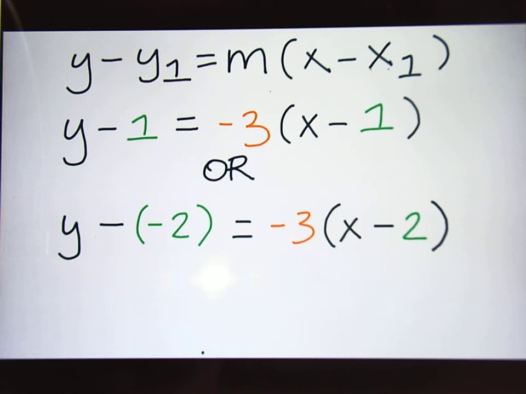The very first point that's being used in this case happens to be 1, 1. So I substituted in y sub 1 for positive 1 and replaced m, our slope, with -3. And then substituted x sub 1 with its value, which is 1. Or if you would have rather used the second point, which is positive 2, negative 2, that would have worked as well. Same process.